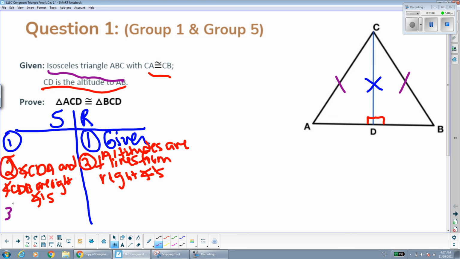After that, since I know that we're going to be using HL, based on our information here, I actually have to make the statement that the two triangles, CDA and CDB, are right triangles.